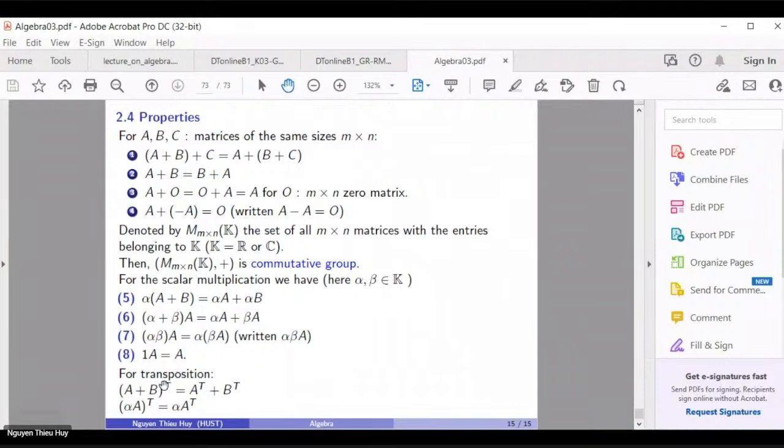The transposition of a sum is the sum of the transpositions. And the transposition of a scalar multiplication is simply that you can draw alpha out, so you obtain alpha multiplied by A transposed.